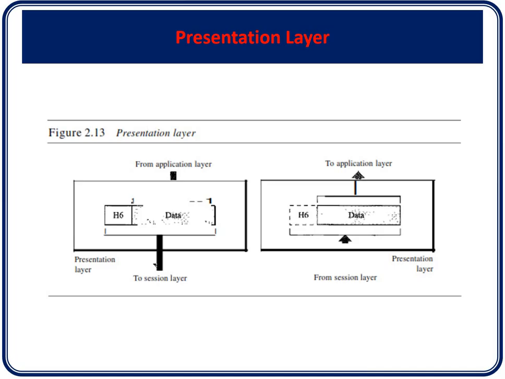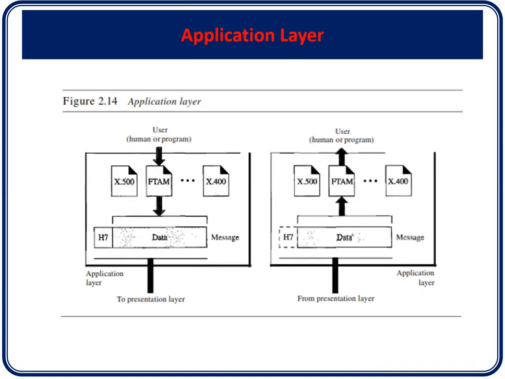Next one is the application layer. The application layer allows users to access the network. It provides the user interfaces and supports various network uses, for example, electronic mail, remote file access and transfer, shared database management, distributed information services, etc. The figure illustrates the application layer's relationship with the user and the presentation layer.